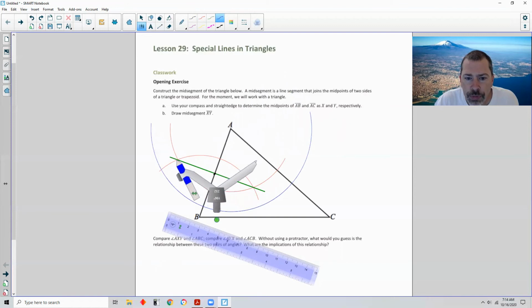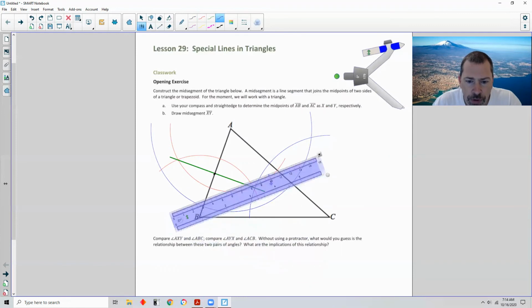Then I'm going to move my compass to C. And I'm going to draw an arc from there, making sure my 2 arcs intersect at 2 locations, which they have. So I'm done with my compass now.